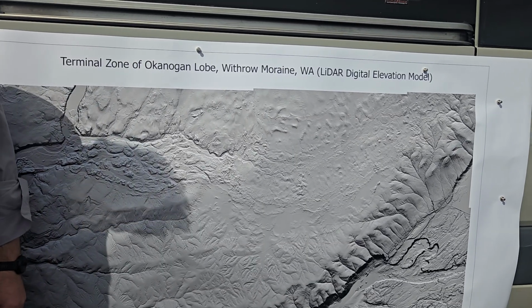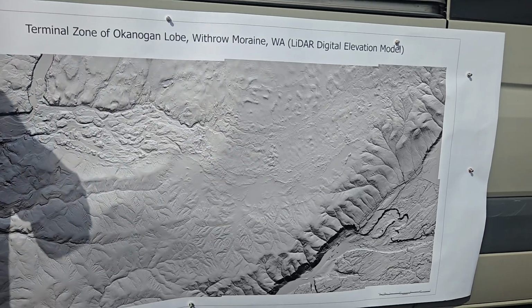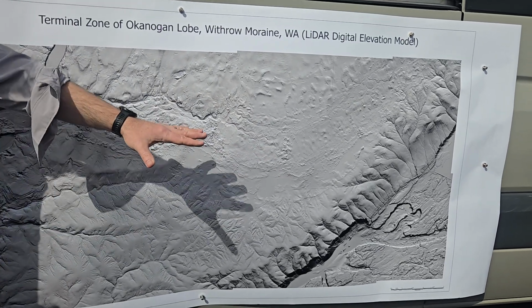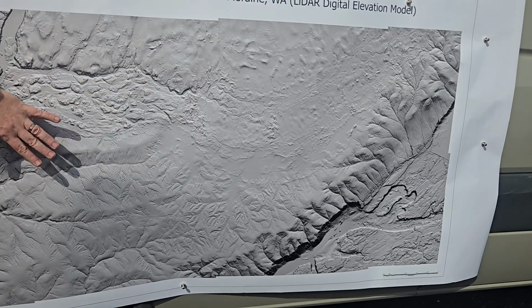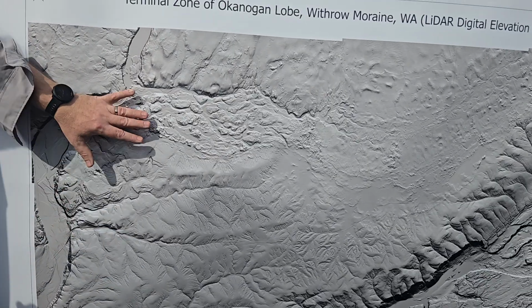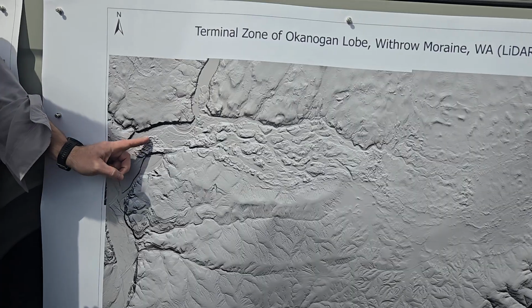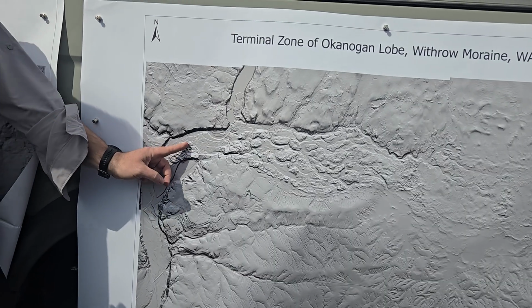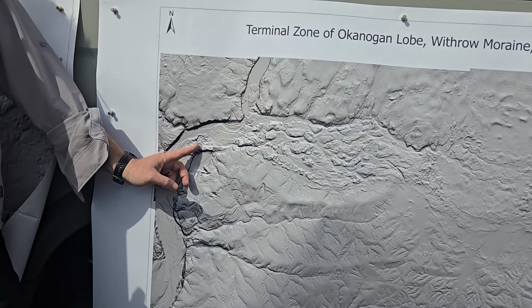So, just to get our heads around what a moraine looks like, these are the furthest extent of the ice. But then we're going to move into the area that most people think of with the Withrow moraine, which is really the Withrow terminal zone, because there's not much evidence of a moraine. Perhaps this pile of irregular sediment here is the best candidate for calling moraine material.